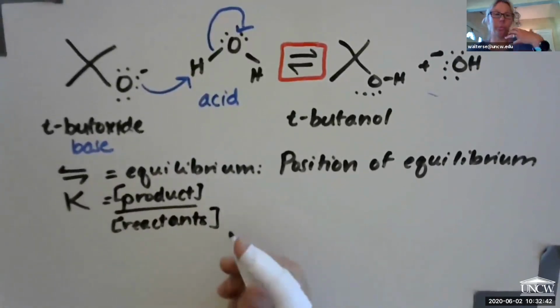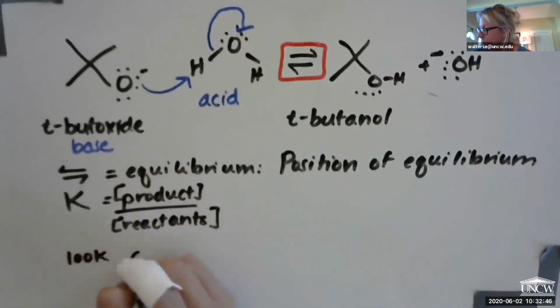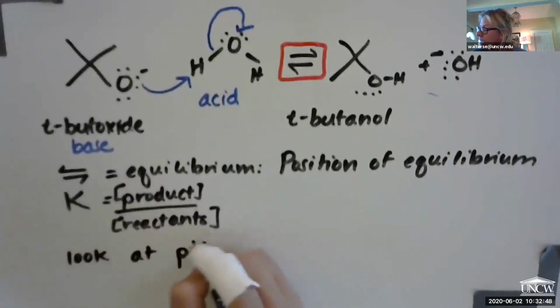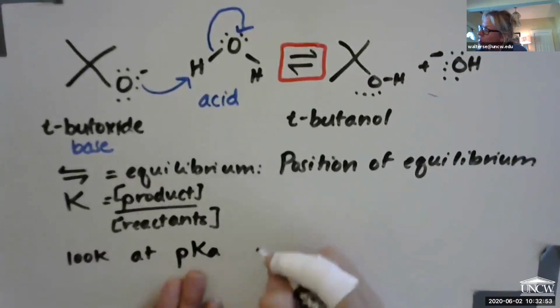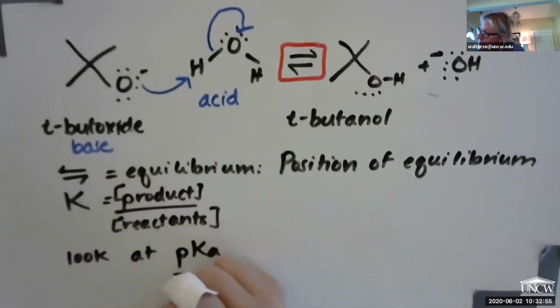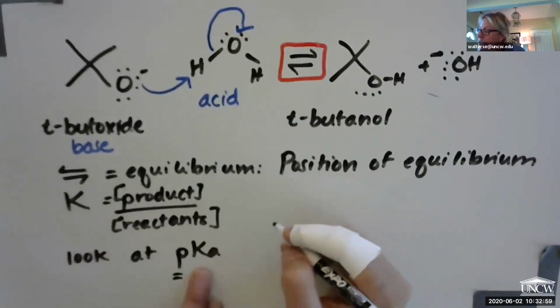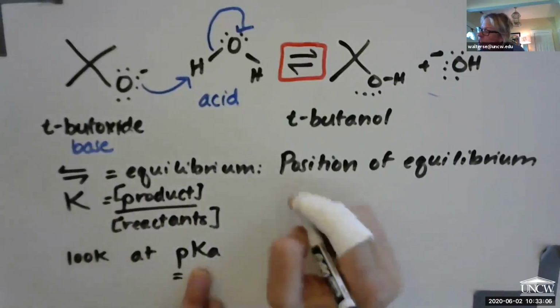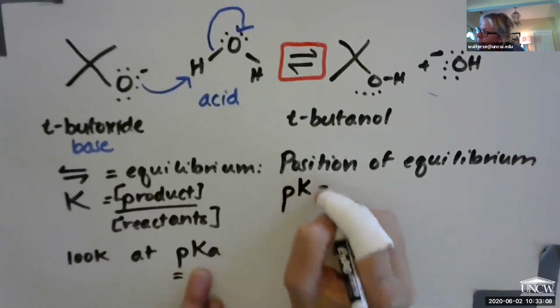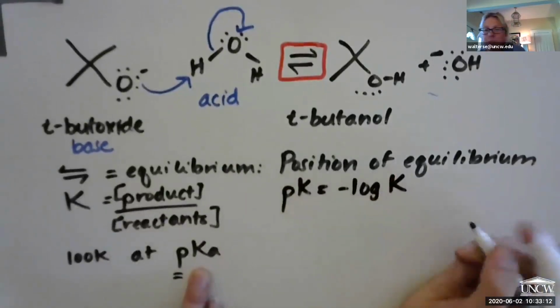Right. So what we're going to work on is we're going to look at what are called pKa values. Okay. So the p is putting the equilibrium constant onto a log, an inverse log base 10 scale. So pK is equal to the inverse log of the equilibrium constant.